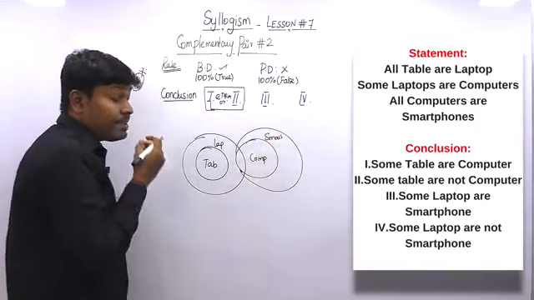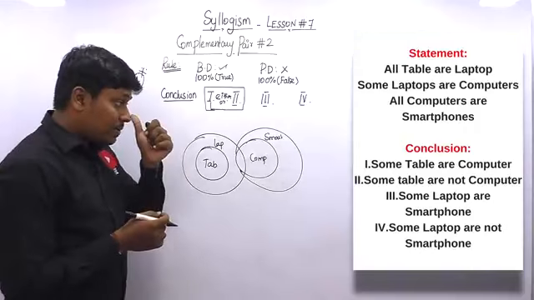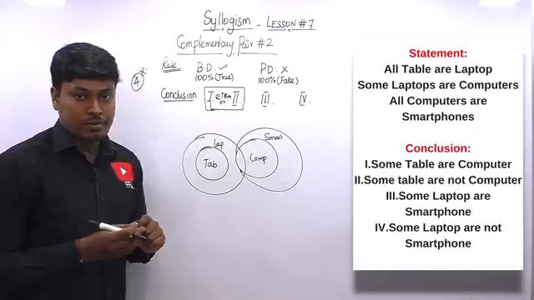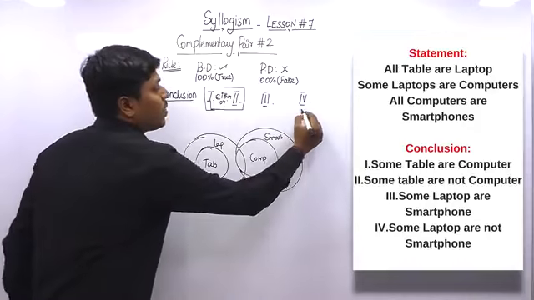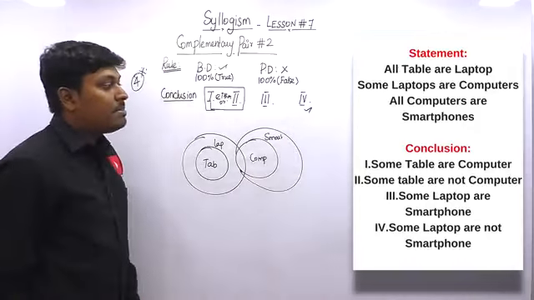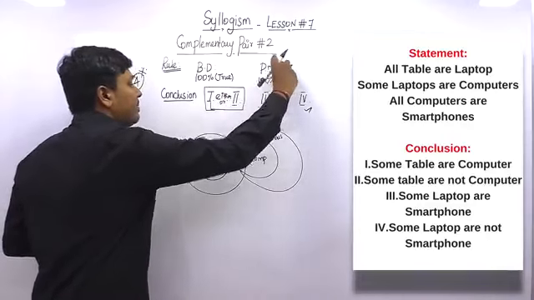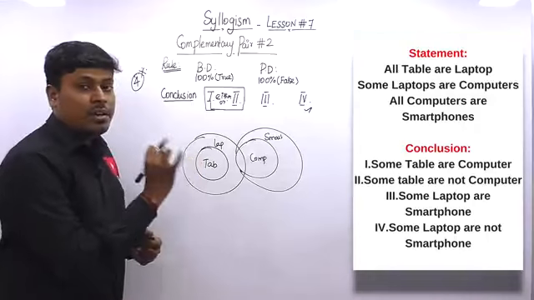Okay, so the second set of conclusions. Some laptops are smartphones and some laptops are not smartphones. So what you need to do in this, you need to concentrate on the fourth conclusion, some laptops are not smartphones. So listen carefully, just look at the diagram. They are saying some laptops are not smartphones.